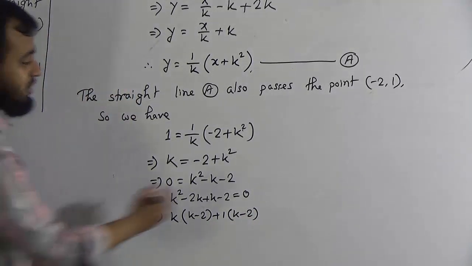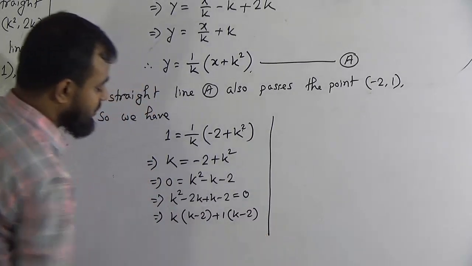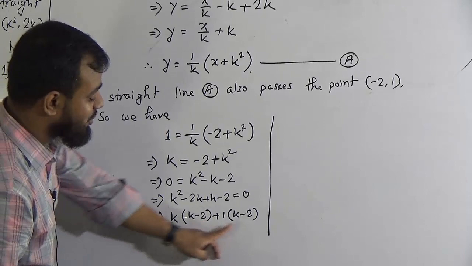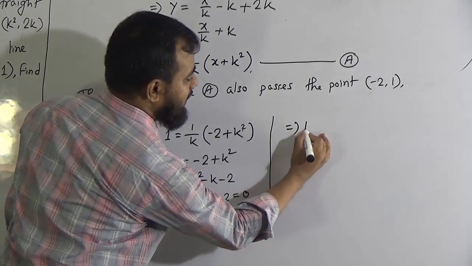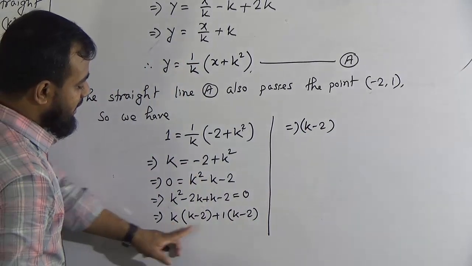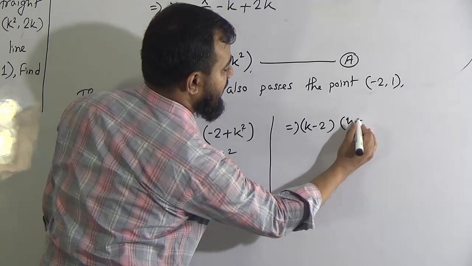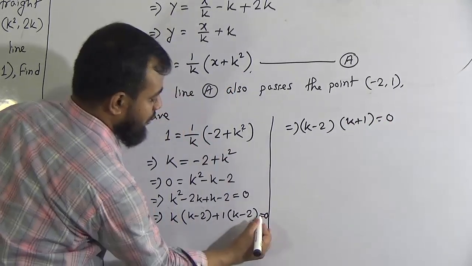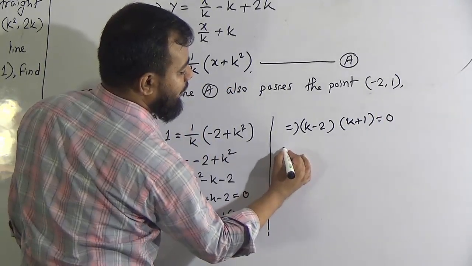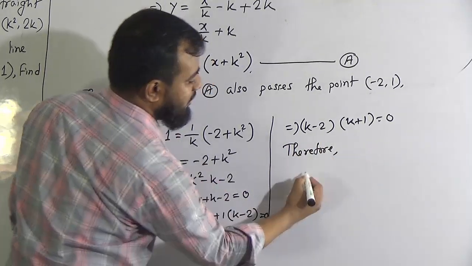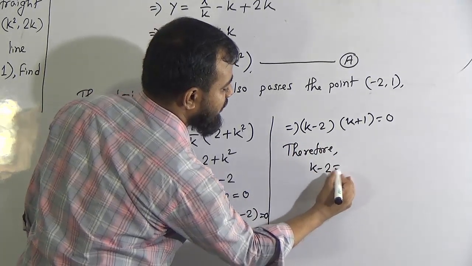Now the last two lines we have remaining, my students. We can take k minus 2 as common from these two terms. Implies that k minus 2 will be common, times k plus 1, that's equal to 0. Therefore we can write down k minus 2 is equal to 0.